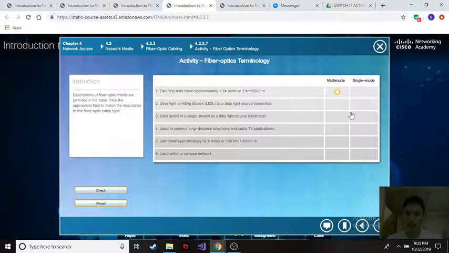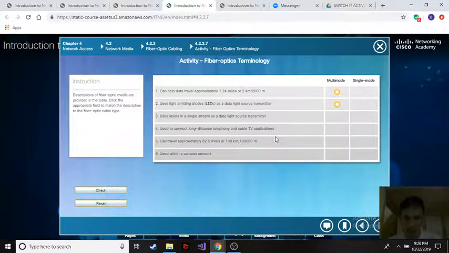Next is uses light emitting diodes, LEDs, as data light source transmitter. The fiber optic cable type that uses light emitting diodes, LEDs, as data light source transmitter is multi-mode also.